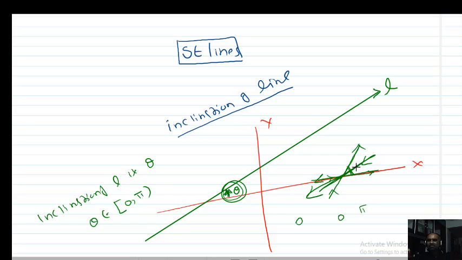So the important thing is, now this is taken as the angle between the line and the x-axis. This one, not this. We should take care. That's why inclination is from 0 to 180 or 0 to pi. Either you include 0 or pi, any one of them only. So this is the range of inclination of any line.